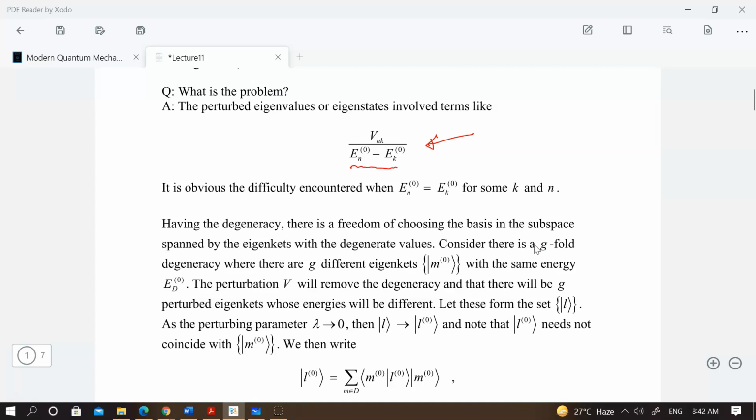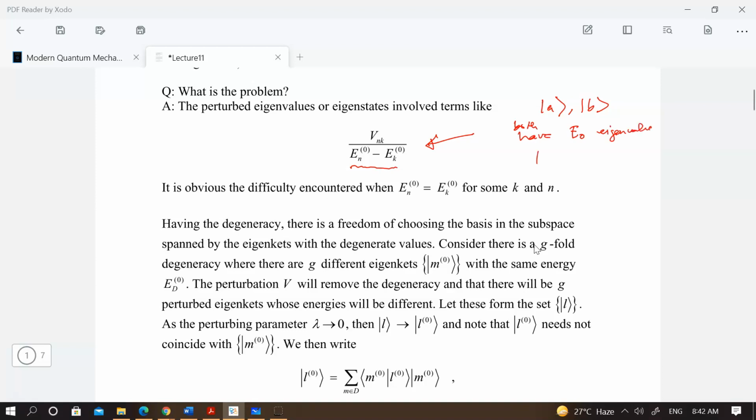If you remember from the first course, suppose you have A and B here, and say both have the energy E naught eigenvalue.